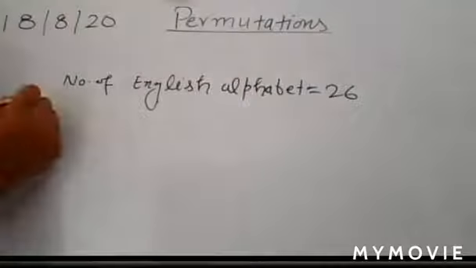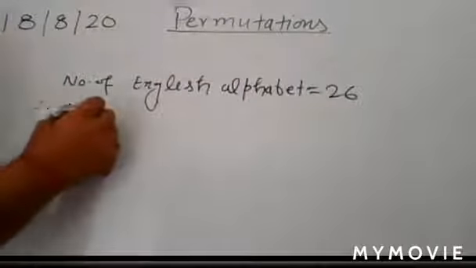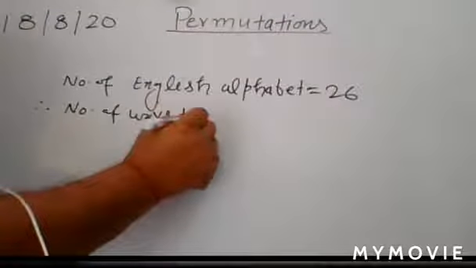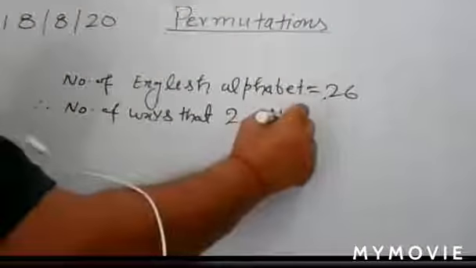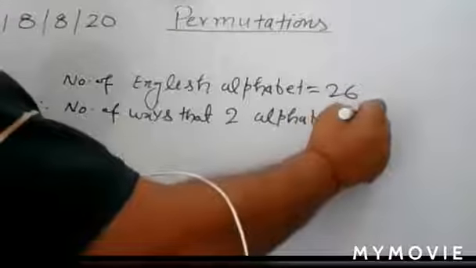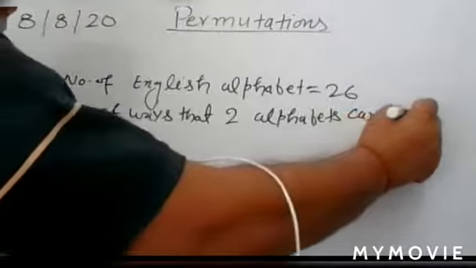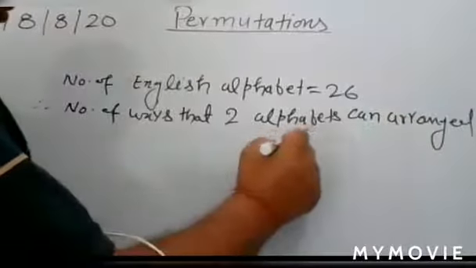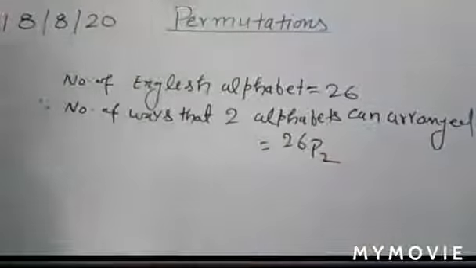So you can write, the number of ways that two alphabets can be arranged is equal to 26P2.